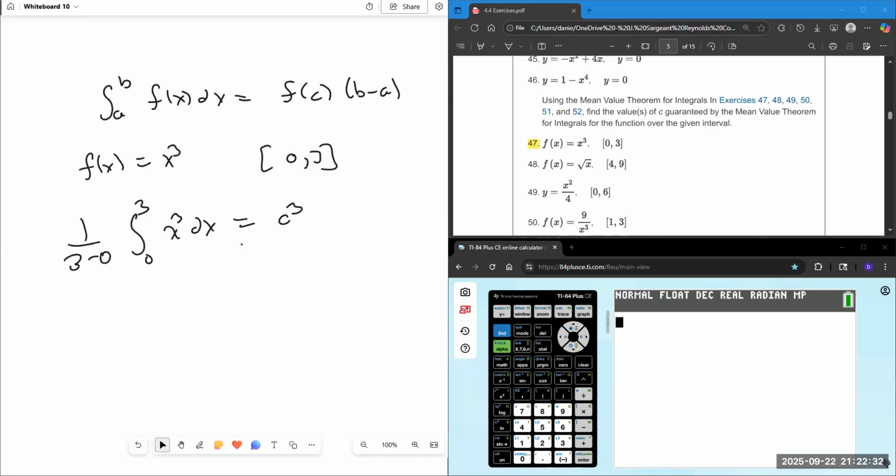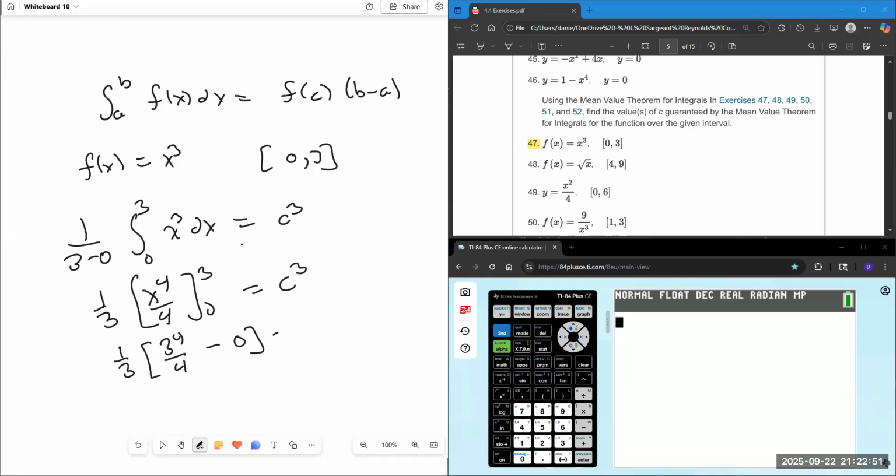It's going to be equal to this. So this is 1/3 of x to the 4th over 4 from 0 to 3. C cubed is 1/3 of 3 to the 4th over 4 minus 0.